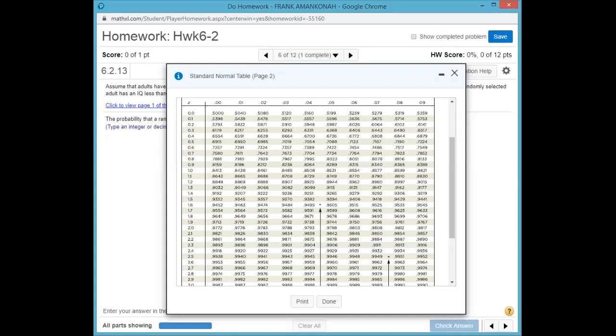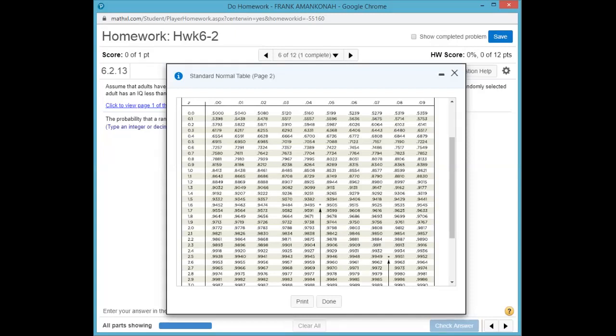So 0.8569 minus 0.8554, which is 0.0015. So the closest to this value is what? 0.8577. Okay, so that means, what is the z-score?